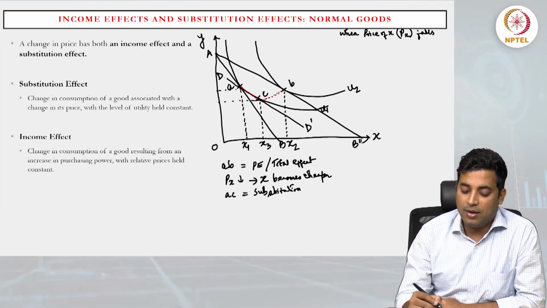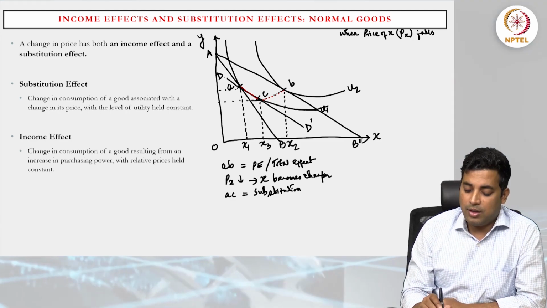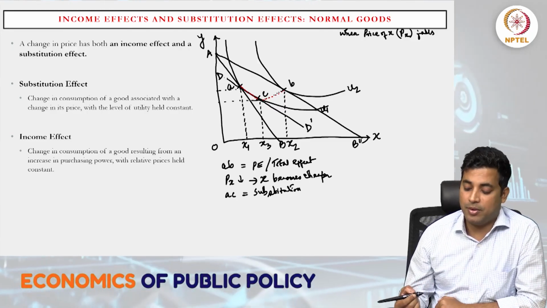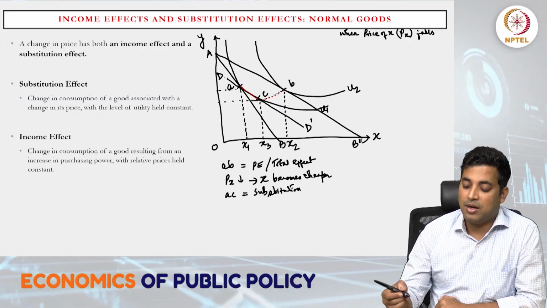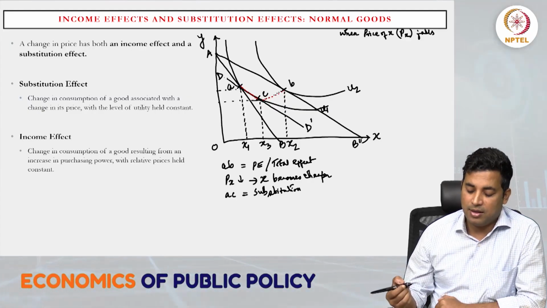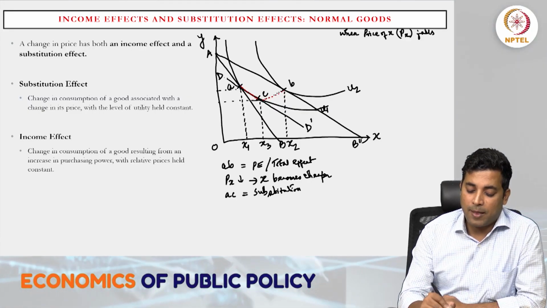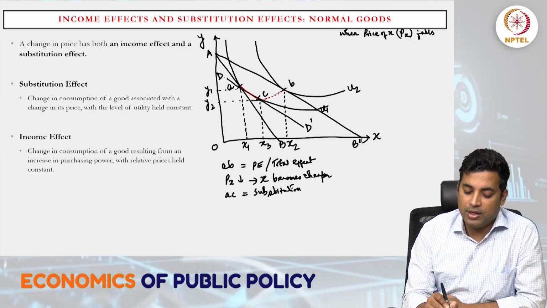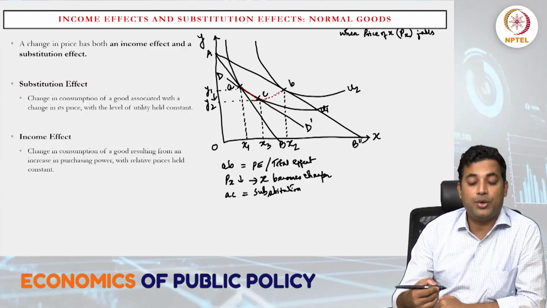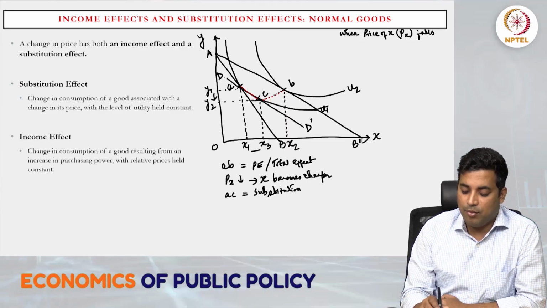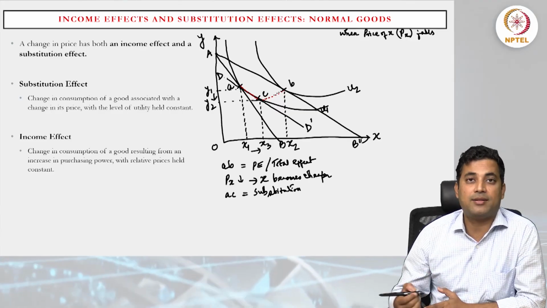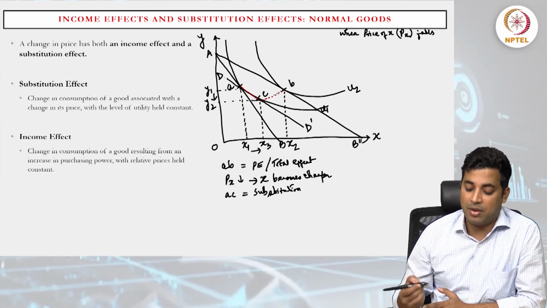Even though I am buying more of x because there is a fall in the price of x, one can also see the quantity of y reducing, from y1 to y2, while we have more of x, from x1 to x3, due to the fall in price.